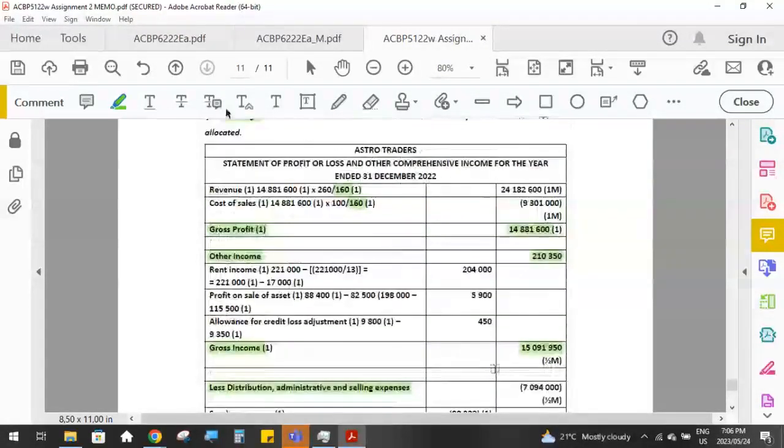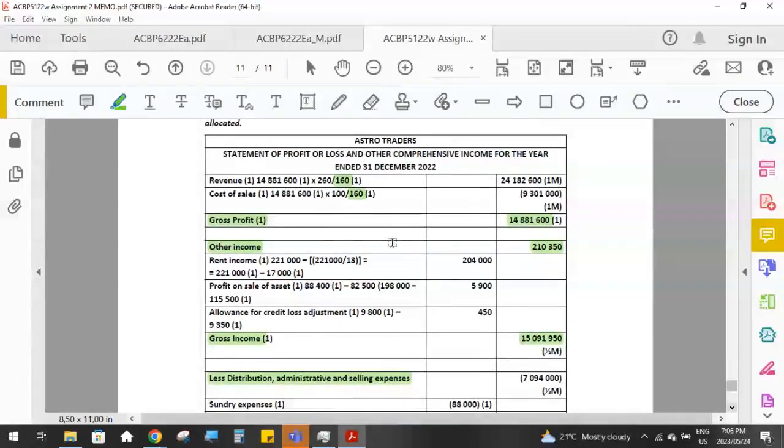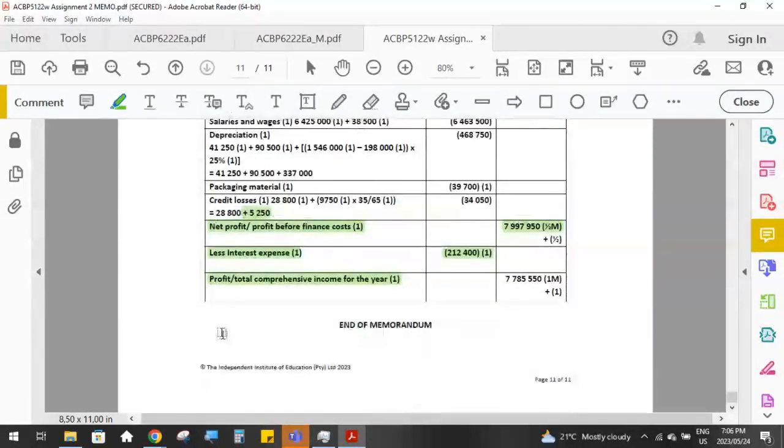So have a look at the way that this has been presented. You can see here on each, they've done the calculations, they've written revenue, and then next to that, they've shown what the calculation was that we did in order to arrive at the amount that we've recorded. It is easier from a marking point of view if you've got space on your paper to show your workings here like this. If you don't have space, or you would rather give yourself more space so that this isn't squashed, then do all of your workings.